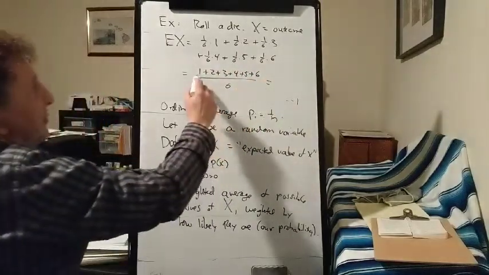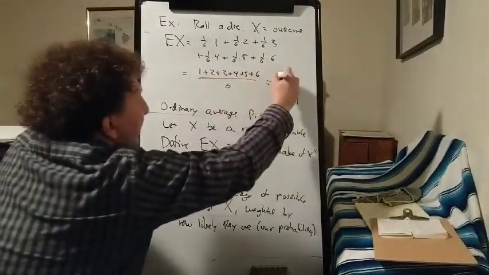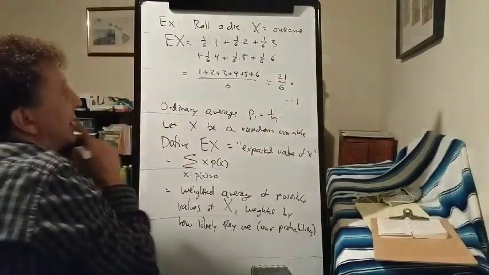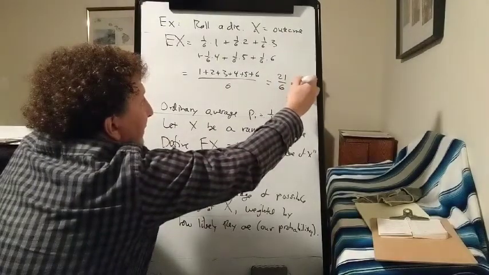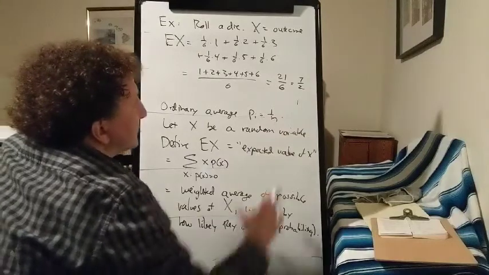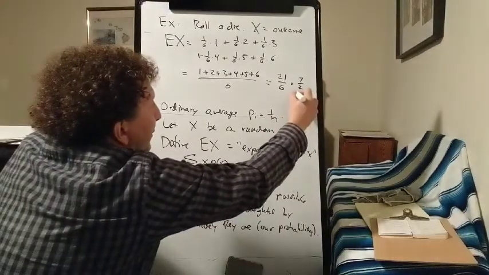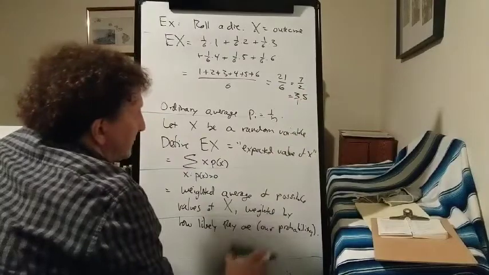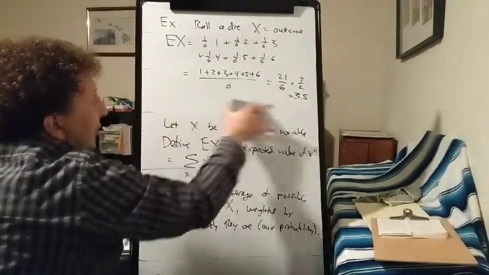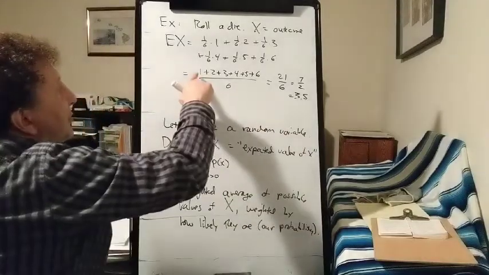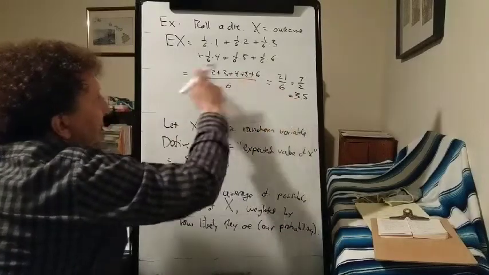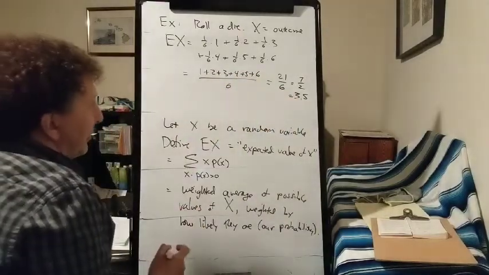And on top we have 7, 7, 7, 21 over 6. And if we divide top and bottom by 3, I guess that's 7 halves, or 3.5. And 3.5 is the ordinary average of the numbers 1 through 6. It's the best single number description of those 6 numbers that we can come up with.